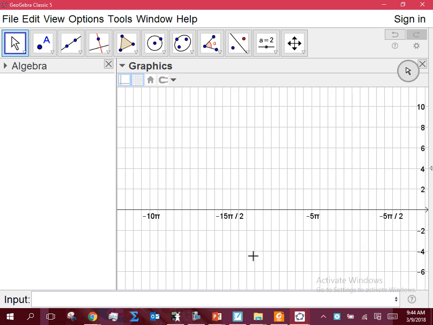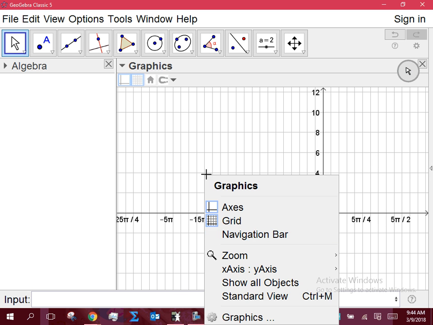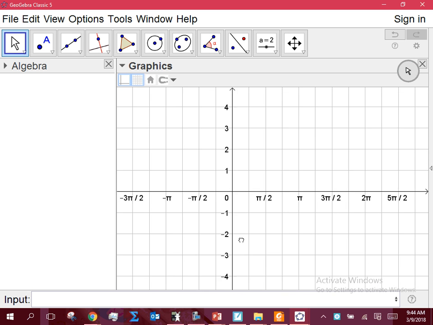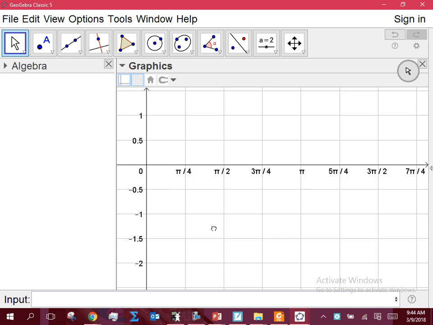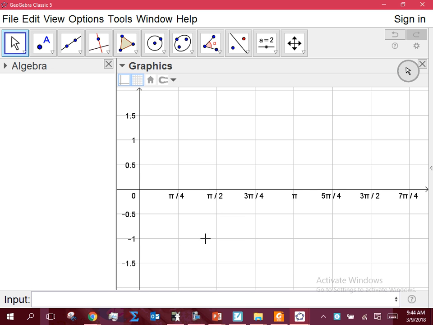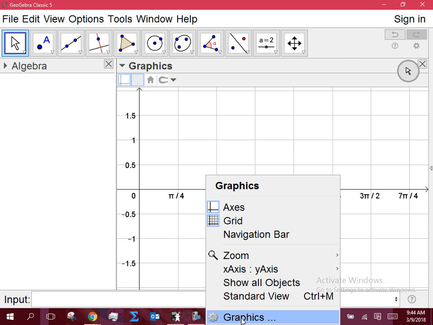Let me just kind of mess around with my axes here real quick.